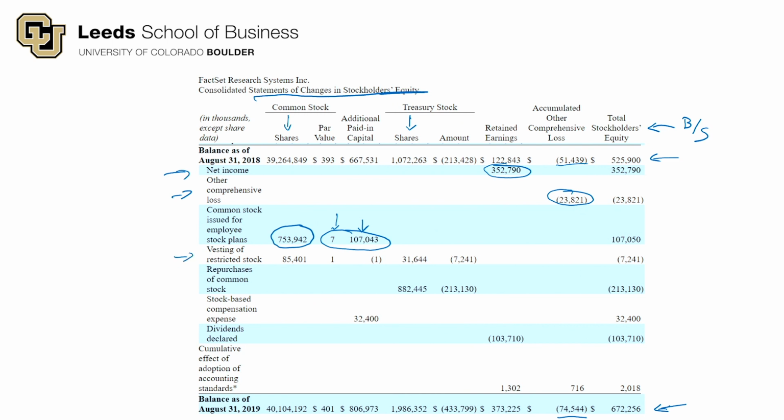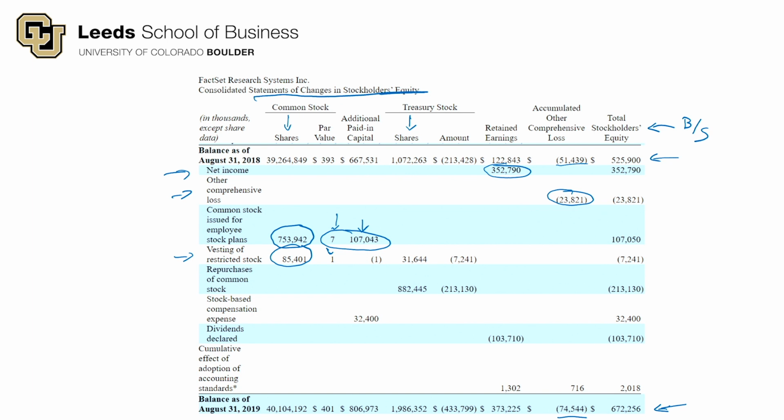Vesting of restricted stock. Okay, so employees earn compensation in terms of the company's stock. And how much did they earn? 85,401 shares. That has a par value, rounded up to $1,000. And did they pay for that? No. Employees did not pay for that. They worked for that.